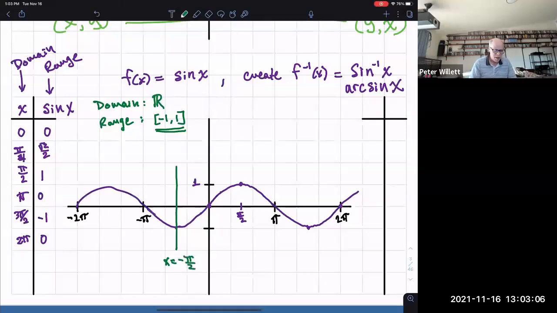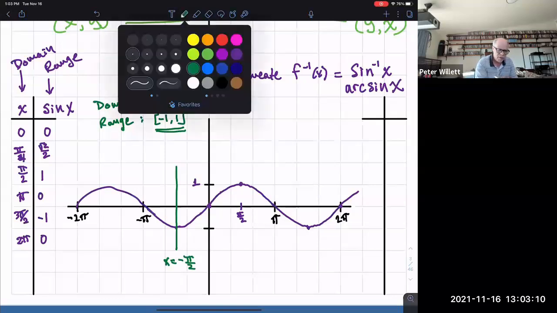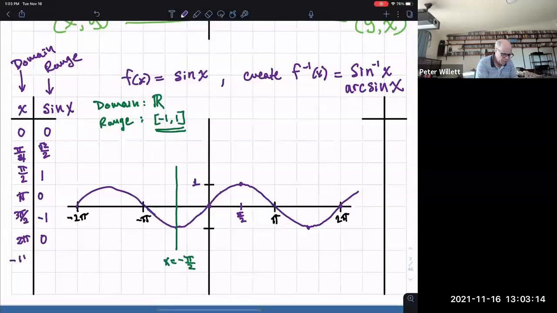When X is equal to -π/2, and I'll put that over here, just so we have it on our table, the Y value for sine is -1 there. And if I move over 2π from there, it would be at 3π/2. It's also -1 again there. It's -1 lots of places. But we're going to begin thinking about having a -1 value in the range attained when X is -π/2.